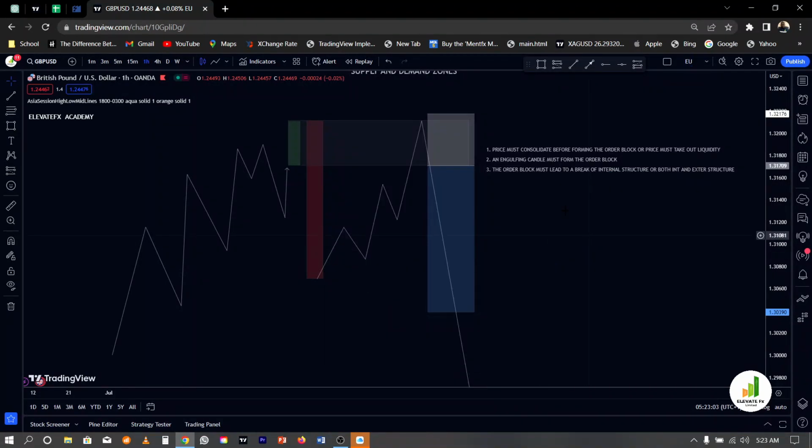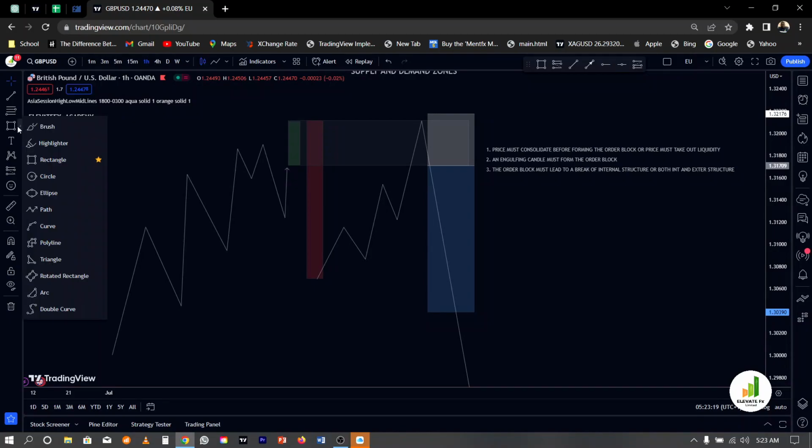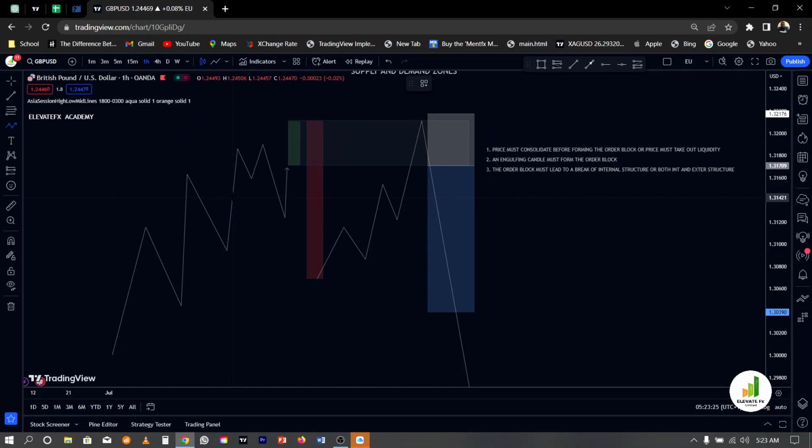Okay, so we have the rules. I don't know if you can see that, but what do I mean by breaking of internal and external structure? So let's say you have the 4 hour time frame, for instance, and you're using the 4 hour time frame, and on the 4 hour time frame you just see price move up. Now, on a smaller time frame, what this simply means is, and we're going to make the color of this different, you have different moves happening like this, that all came together to make this move work.